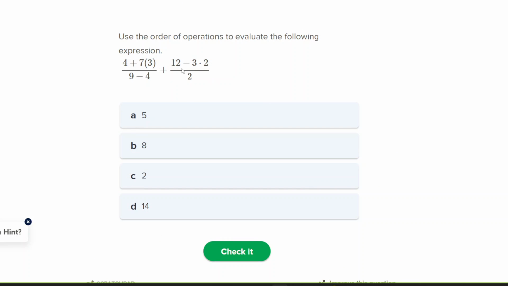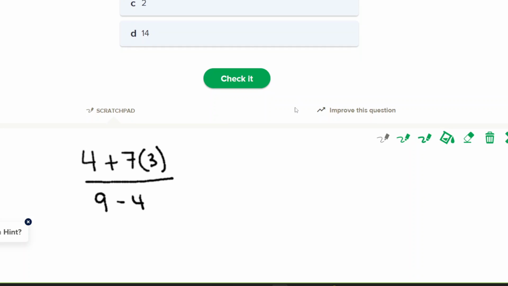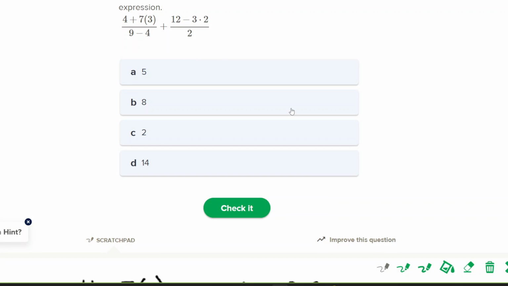And then we have plus, and then 12 minus 3 times 2 over 2. So plus, and then another fraction with 12 minus 3 times 2, and then divided by 2. Okay. Just want to make doubly sure that I copy that correctly.